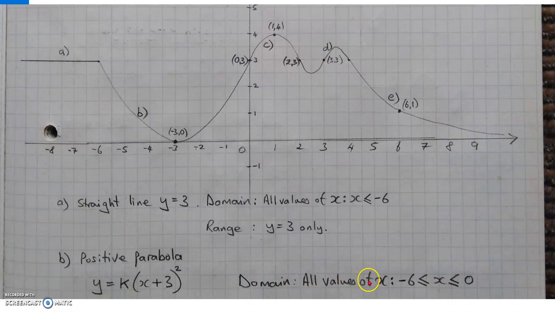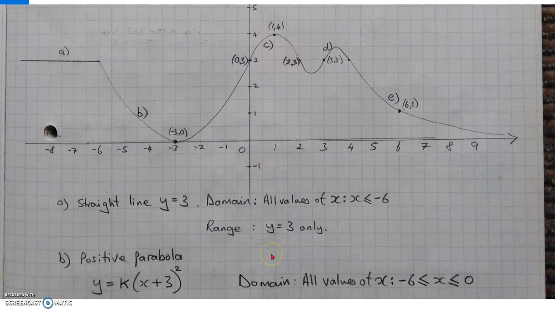So you write all the values of x such that minus 6 is less than or equal to x, which is less than or equal to 0. This is stating the values of x for which this parabola can be drawn.